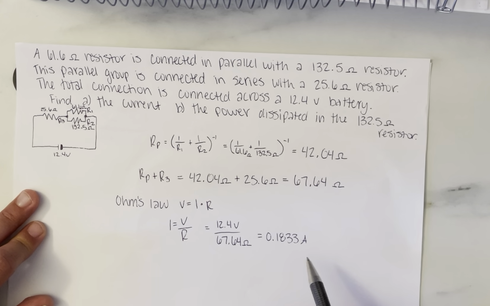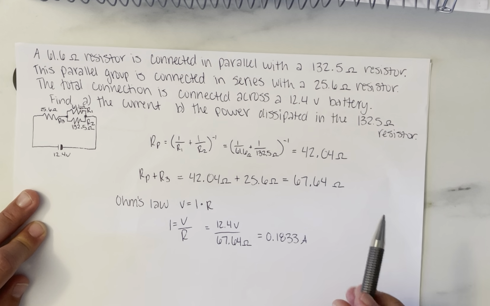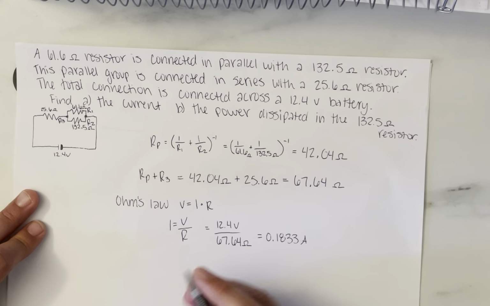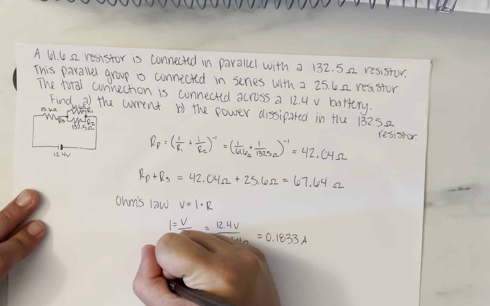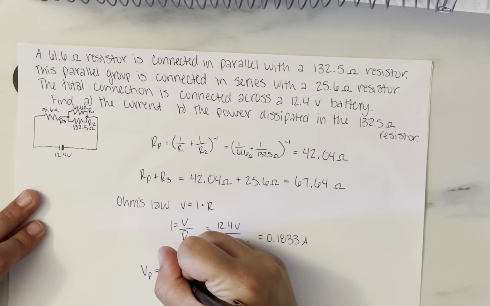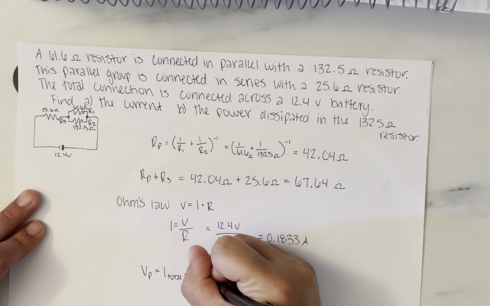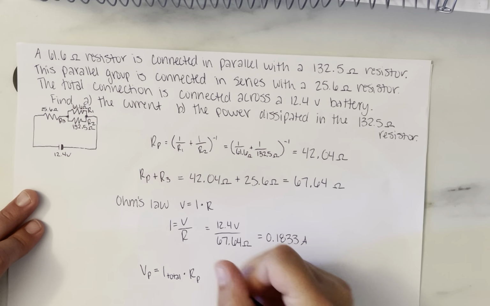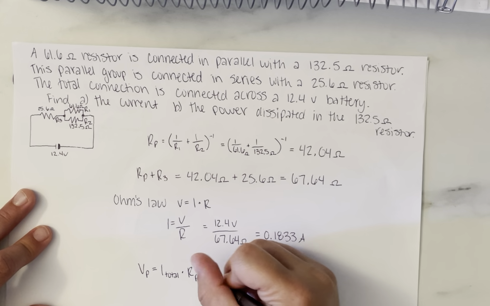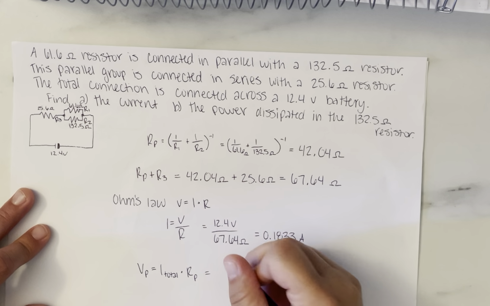So now we can take Ohm's law for the specific branch. Actually, first we have to find the volts of the parallel. So that's going to be Vp is equal to the total current times the resistance of the parallel, and we can plug in the numbers that we know there.